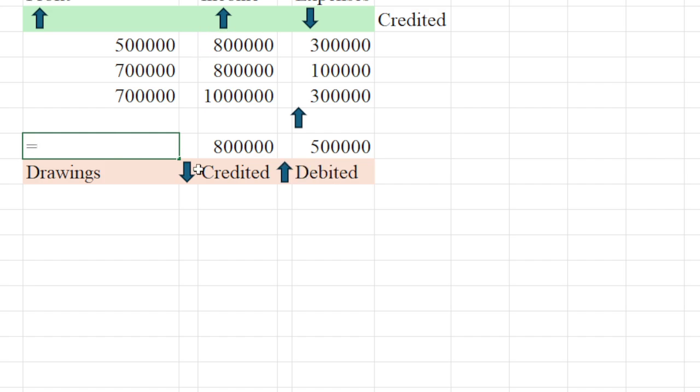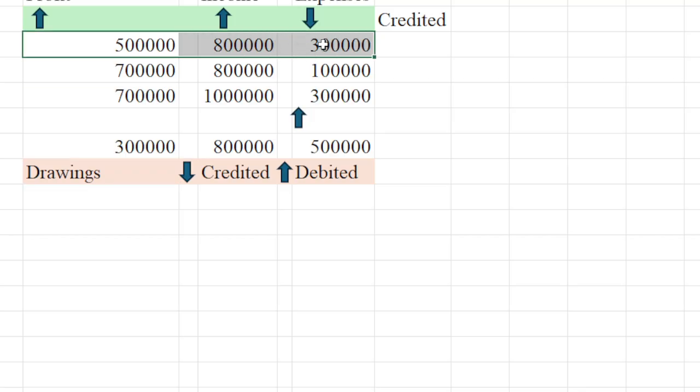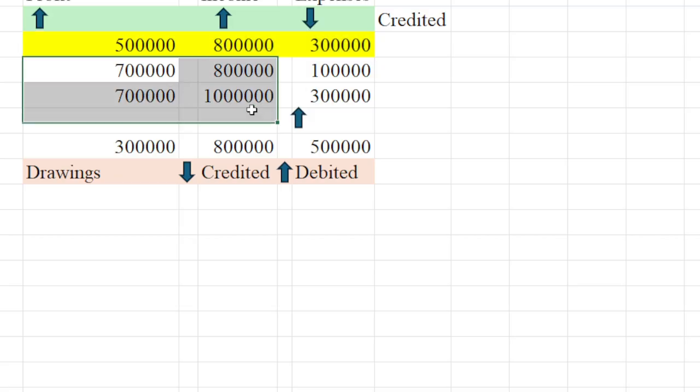Let's see the effect on profit. This is the initial, then this is when income increased.